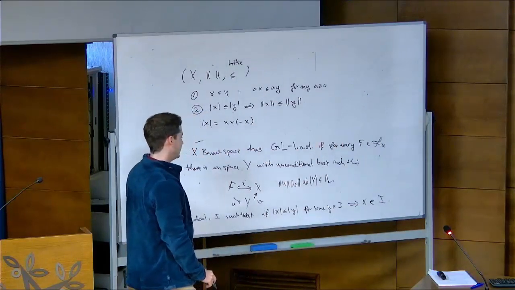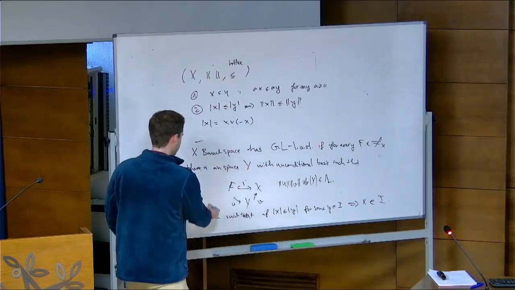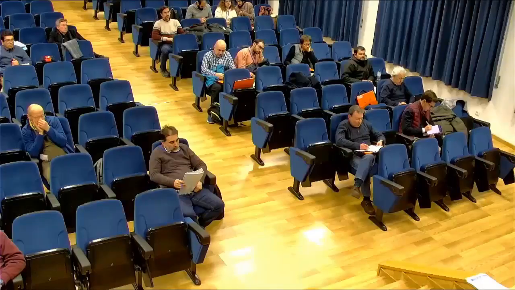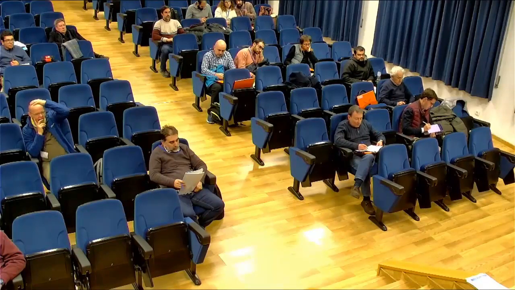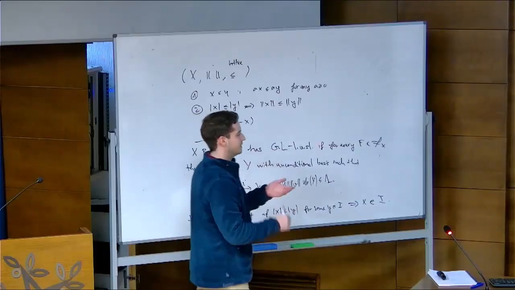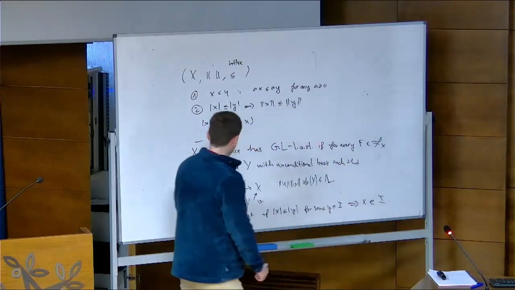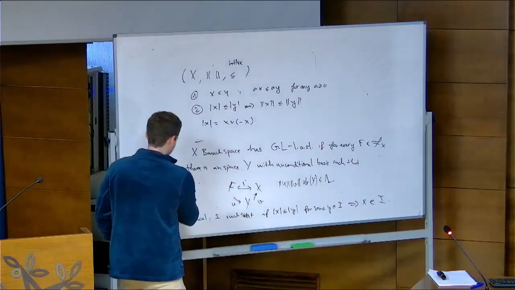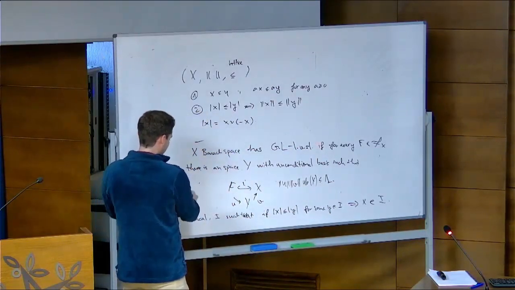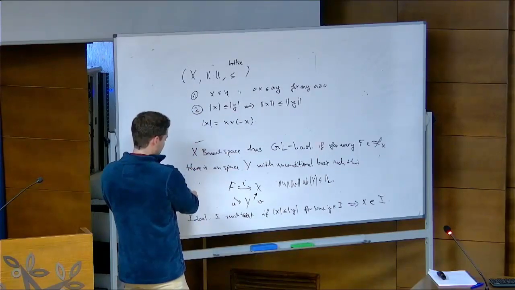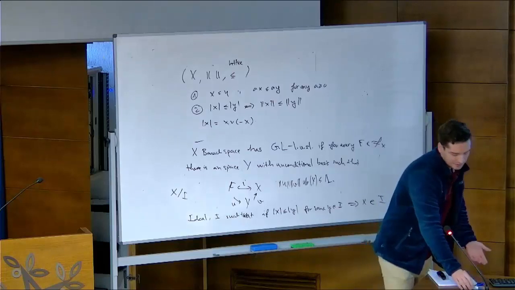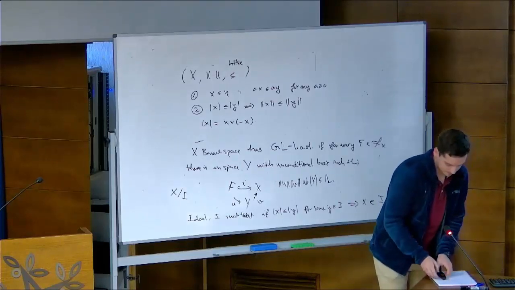This is the definition of ideal in a Banach lattice. And a nice property of ideals is that they behave well under quotients, because if you consider the quotient of a Banach lattice by an ideal, this is again a Banach lattice with the usual order and the usual norm in a quotient.